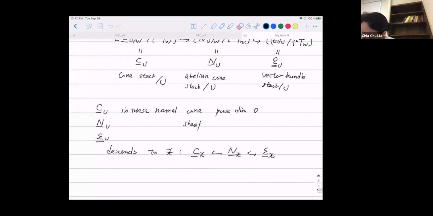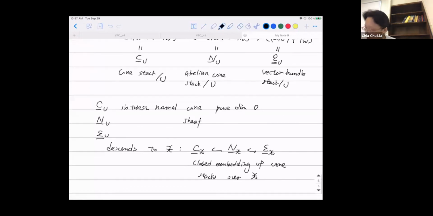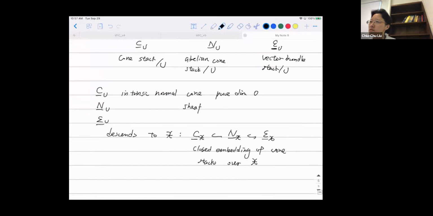So these are closed embeddings of cone stacks over our Deligne-Mumford stack X. This is known as the intrinsic normal cone. Yeah, it's a cone stack over X.